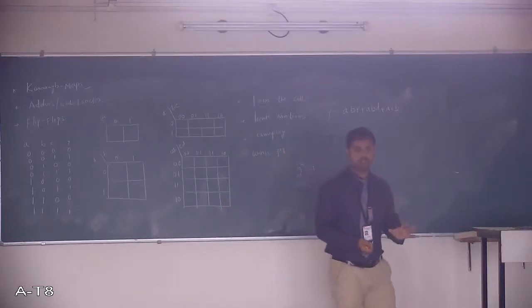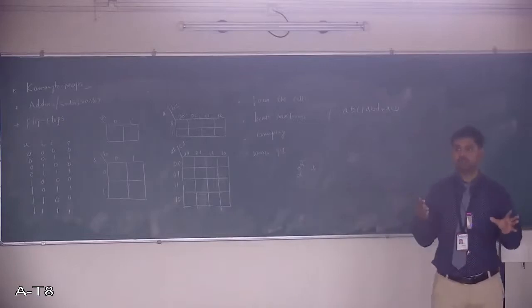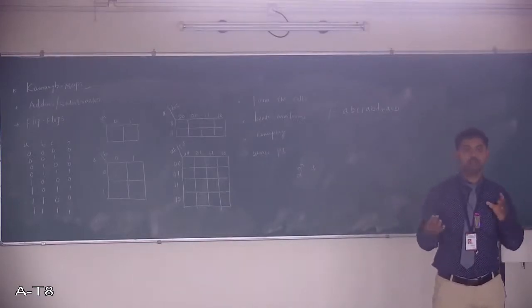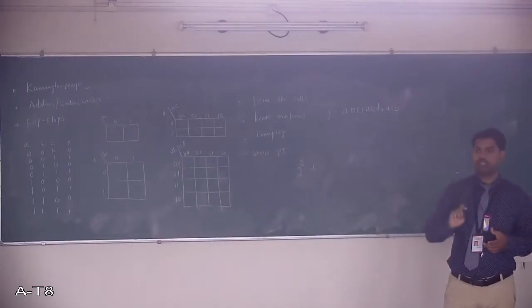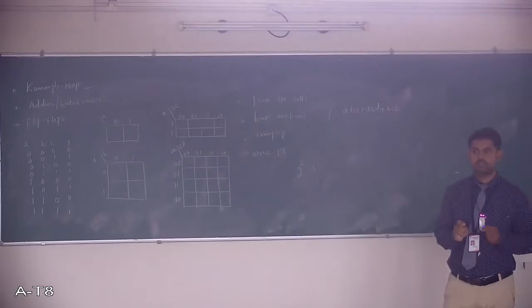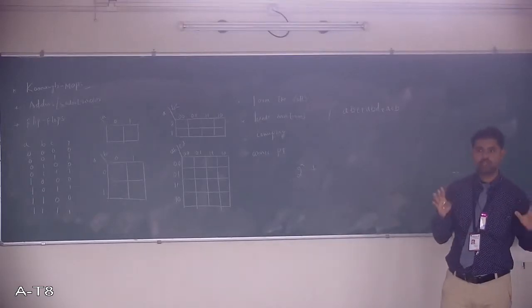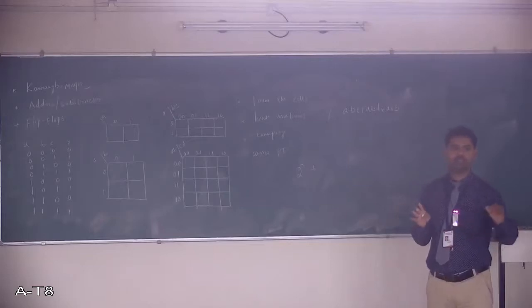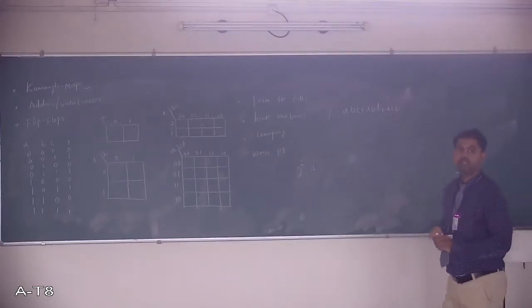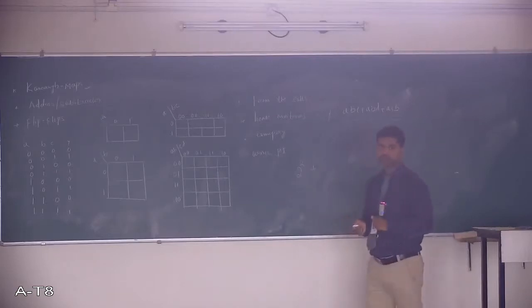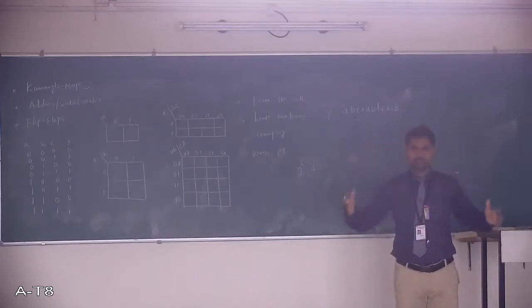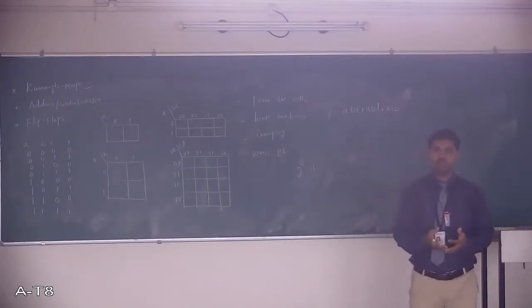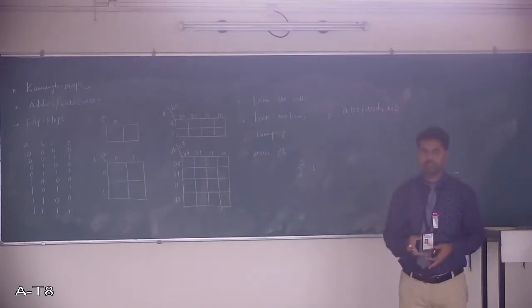This is the first step in the K-map: draw the number of cells based on the number of input variables, in the relation 2 to the power of n. Got this? First you should draw the proper number of cells. By looking at the expression you can tell, or sometimes they will provide you the truth table, and by looking at the truth table you can easily say how many inputs and outputs there are.